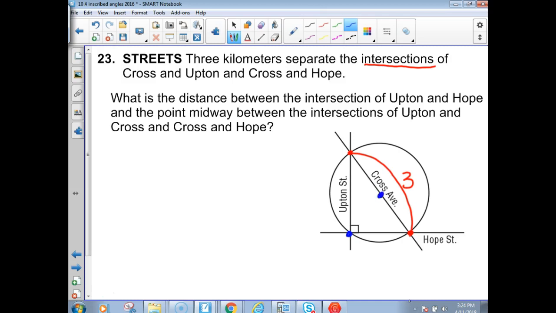And what is that? I want to know this length. It's a radius, isn't it? And isn't this a radius? And this a radius? And how big are those radii? Half of 3. 1.5, 1.5. This is another radius, 1.5. So they're 1.5 kilometers away. That's what I wanted.